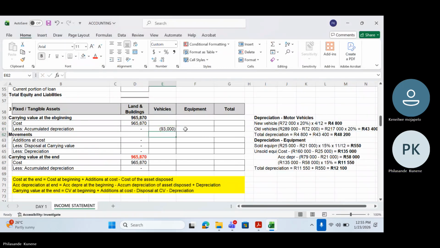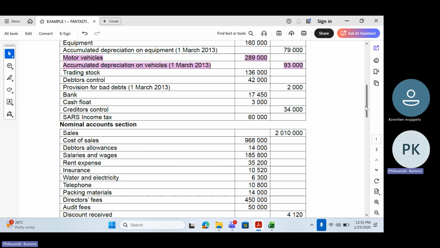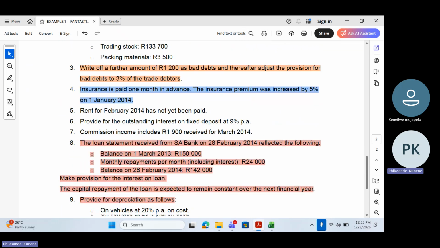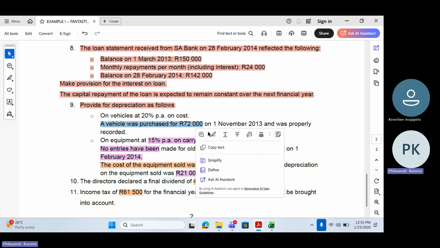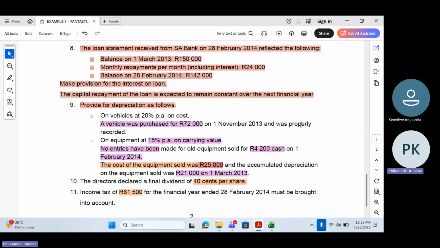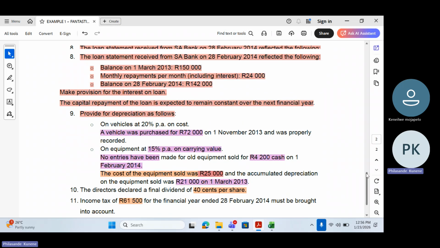But how much is the cost at the beginning of the year? Now we need to go down to our transactions, where they said on vehicles 20% per annum on cost. A vehicle was purchased for 72,000 on 1 November 2013 and was properly recorded. This 72,000 is a cost that is included in this cost, right?